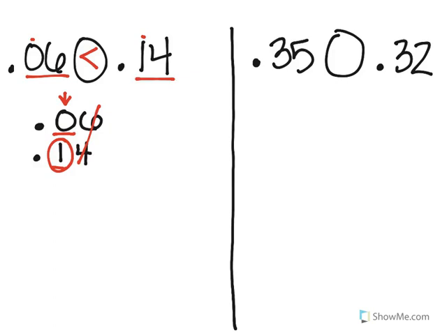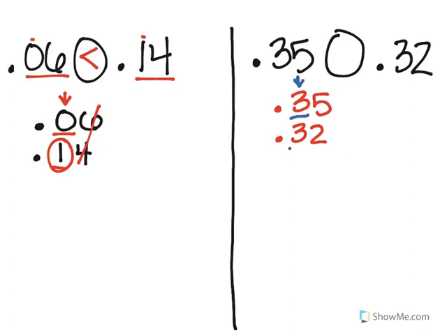Okay? For this next one, I have 35 hundredths and 32 hundredths. Notice the tenths are lined up on each other and the hundredths are lined up on each other. We want to make sure we're doing that as we're comparing them. So I start at my highest value.